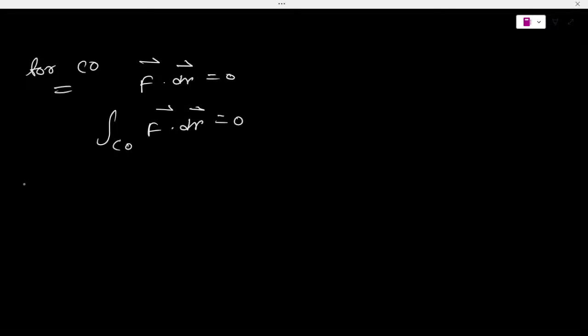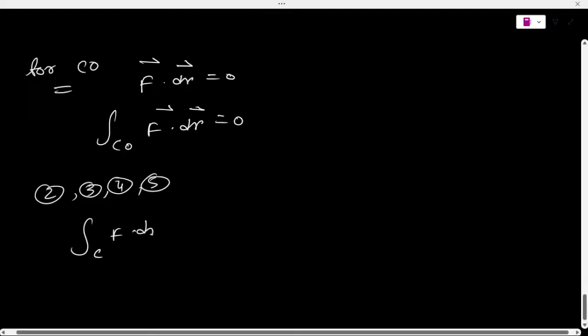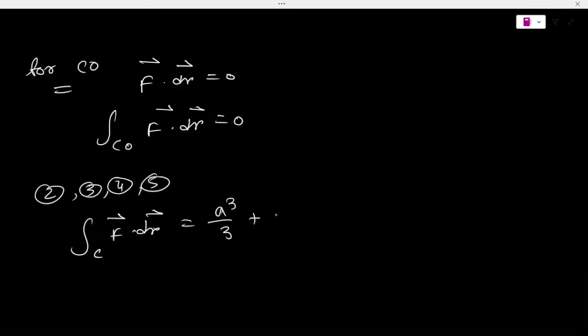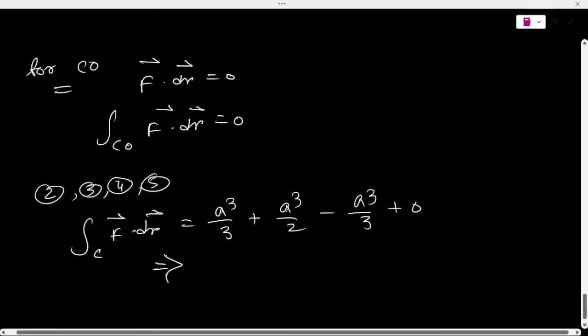Now adding equations 2, 3, 4 and 5, the closed integration of C f dot dr is equal to a cube by 3 plus a cube by 2 minus a cube by 3 plus 0. So the ultimate result will be a cube by 2.